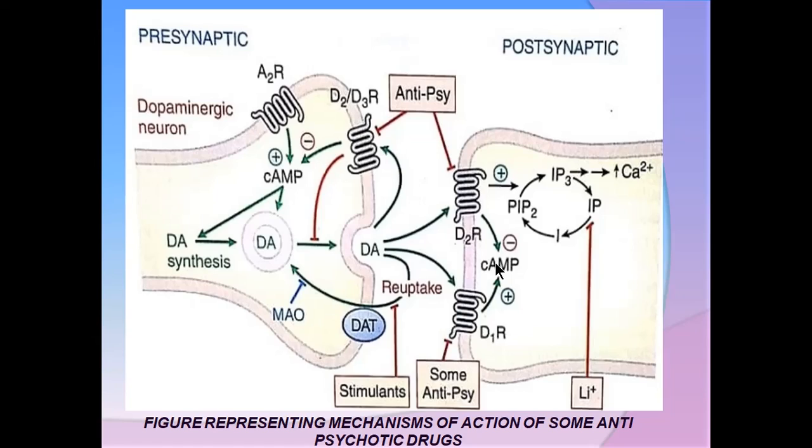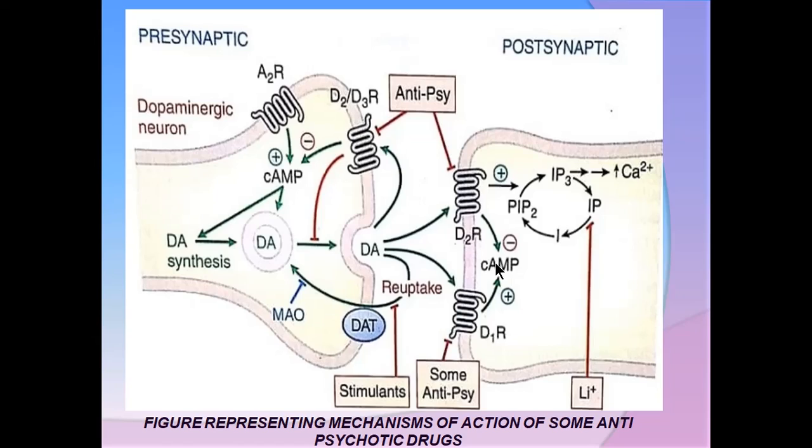All antipsychotic agents act at D2 receptors and autoreceptors. Some also block D1 receptors. Stimulant agents inhibit DA reuptake by dopamine transporter, thereby prolonging the dwell time of synaptic DA.